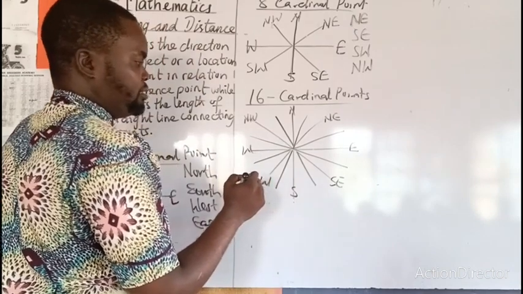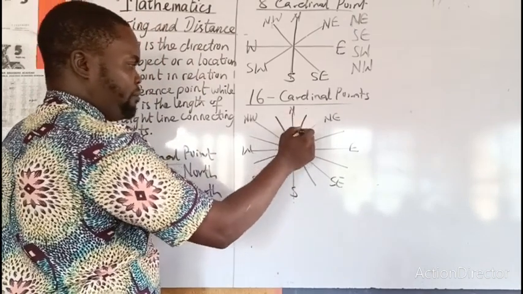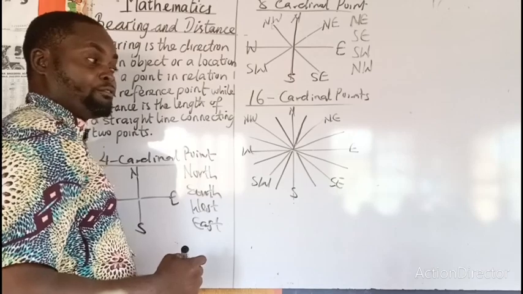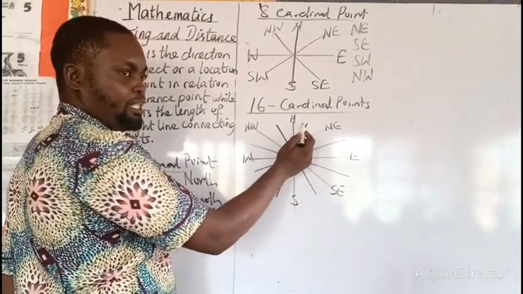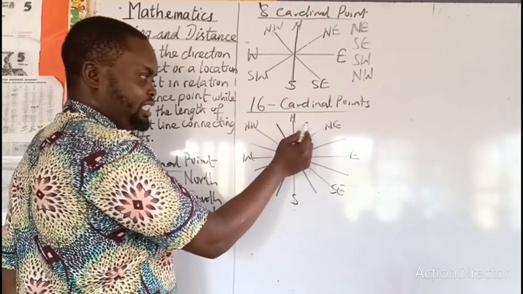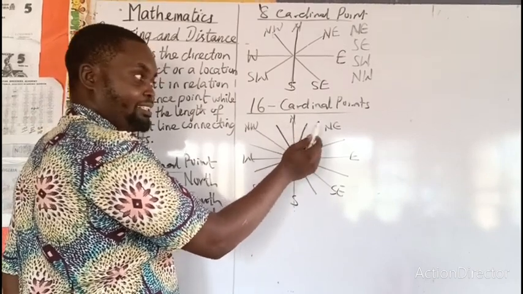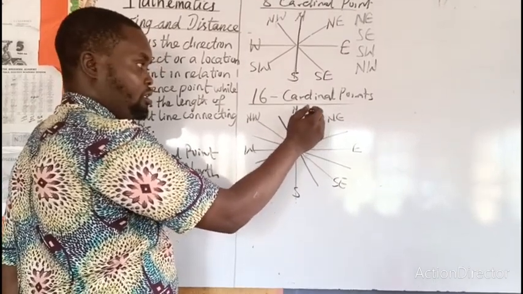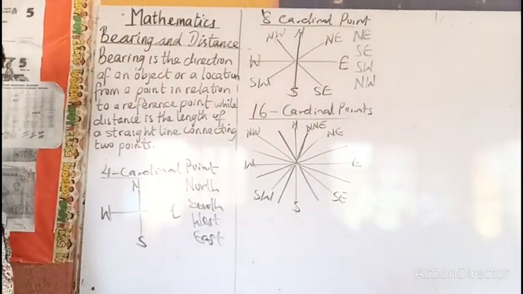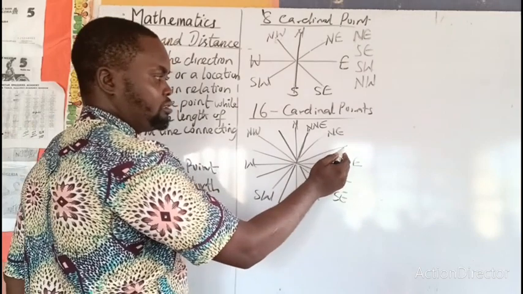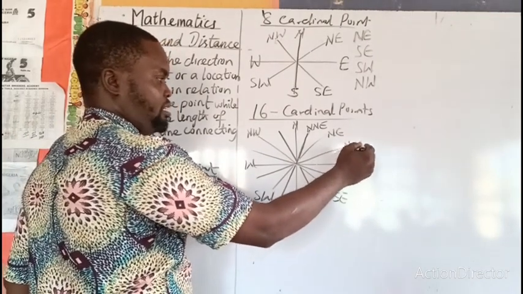Am I communicating? What will this place be? Who can tell me? Remember what I said? Everything must always start from the north pole. What will I call this place now? This is between north and northeast. So I'll say north northeast. Is that clear? What about this one? East northeast.